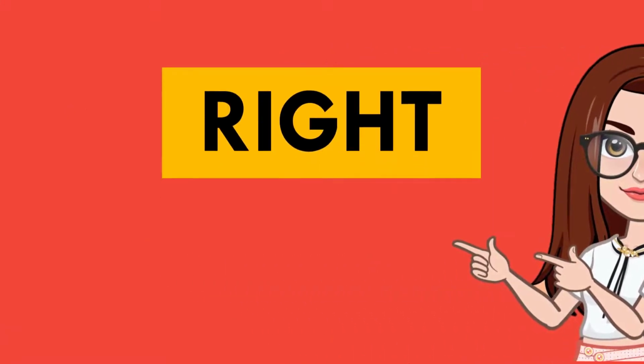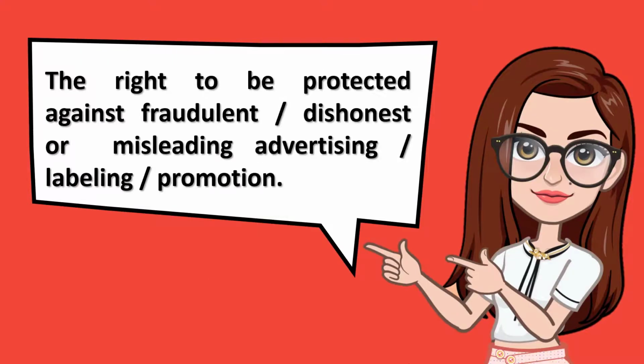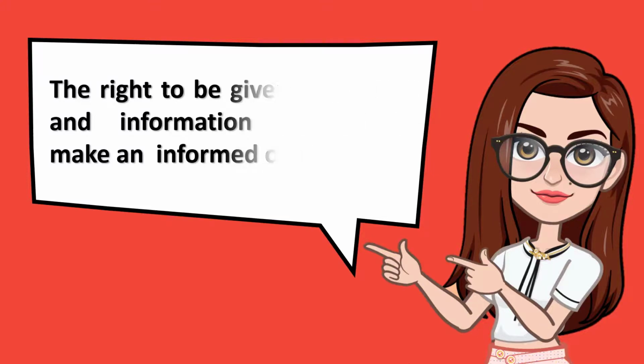The right to information. The third consumer right is the right to information, which is the right to be protected against fraudulent, dishonest, or misleading advertising, labeling, and promotion, and the right to be given the facts and information needed to make an informed choice.